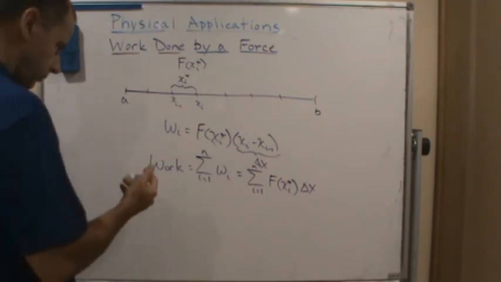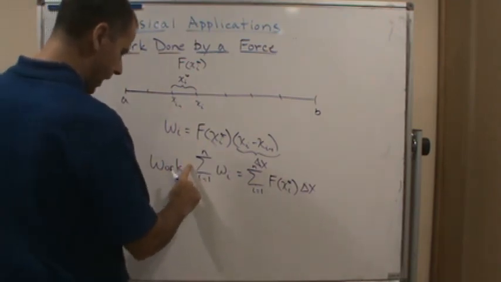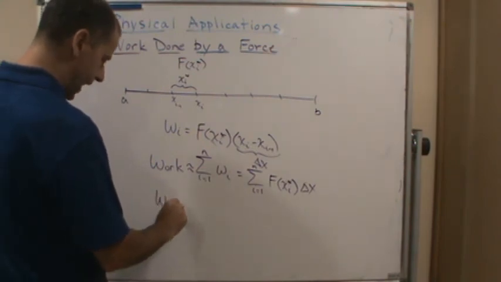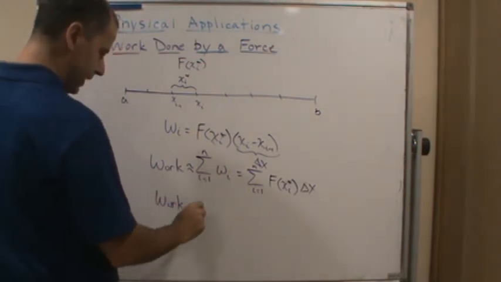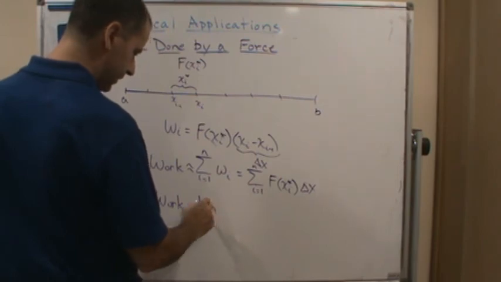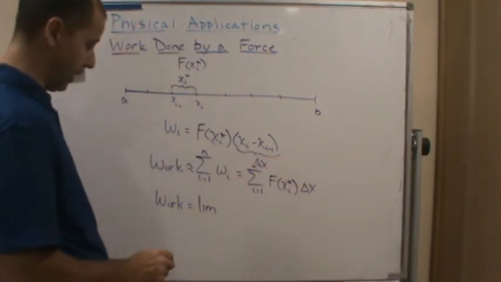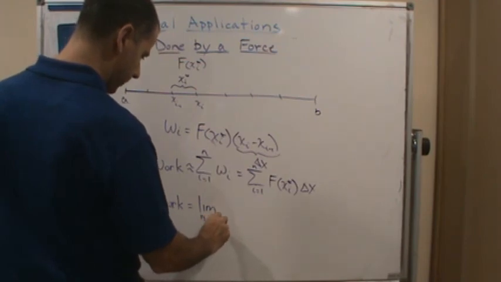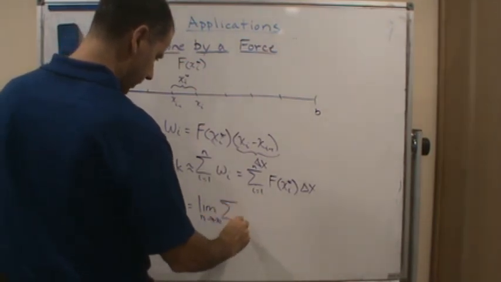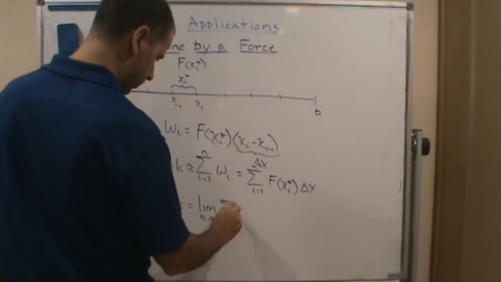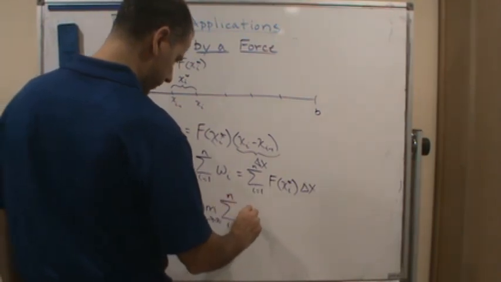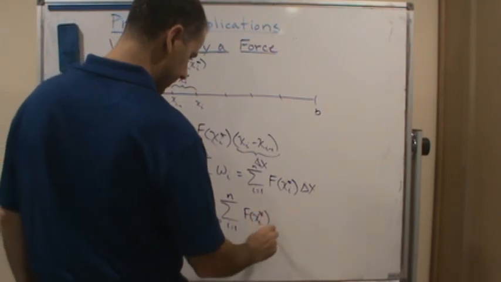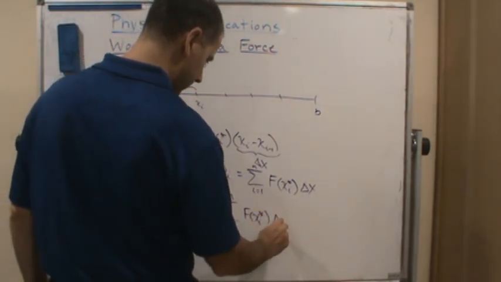Now, this is approximate. So now let's get the exact by taking the limit, because again, this is a Riemann sum. So the limit as n approaches infinity of the summation from i equals 1 to n of f of x sub i star times delta x.